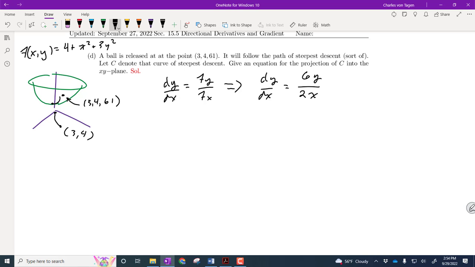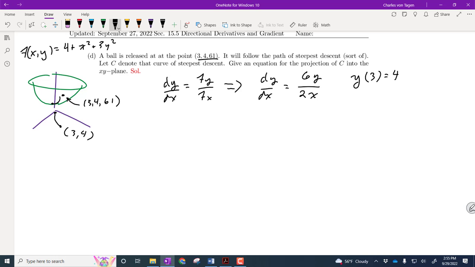What we want is to select from that family the one that passes through a specific point. The easiest point to use is the one I gave you, so we know that y(3) needs to equal 4 when I solve for the function y.